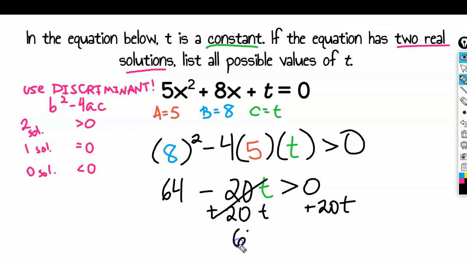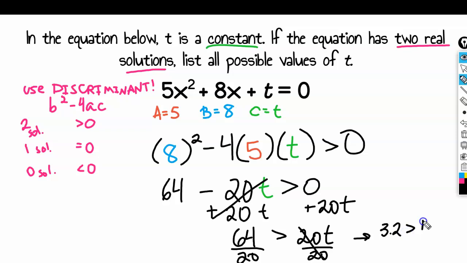So I've got 64 greater than 20t, and I divide both sides by 20. So really, when I use my calculator, because 64 divided by 20 is a fraction, that gives me 3.2 is bigger than t. So really, that means that my answer choices are going to be values that are less than 3.2.